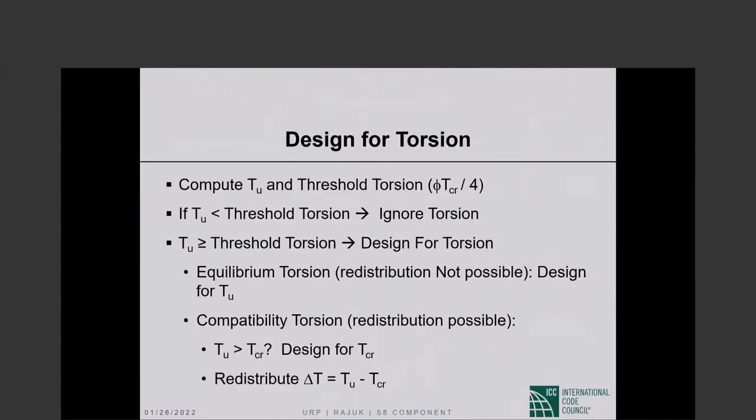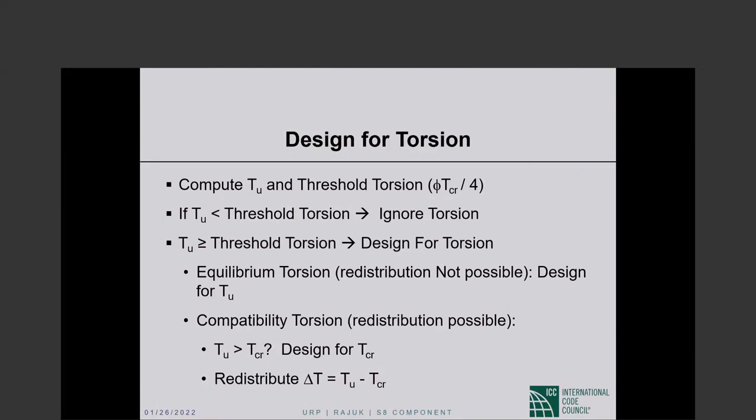Now, this is extremely important to understand what is on this page. Okay, so we design for a required torsional strength. This is the design torsion acting on our member. There is a threshold torsion defined in ACI 318.